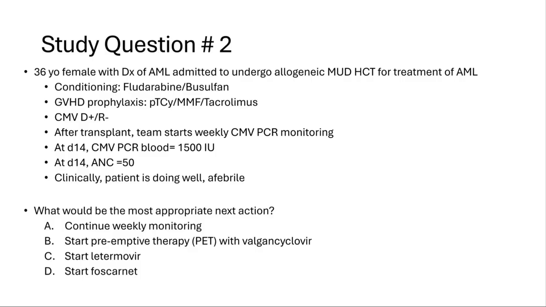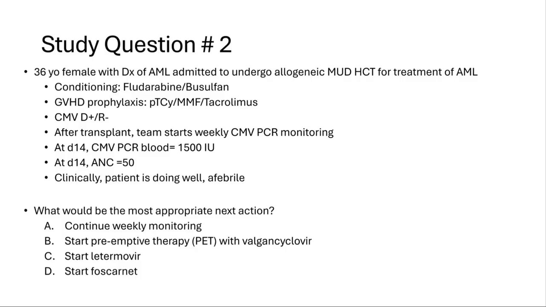And you learn that at day 14, CMV PCR in the blood is 1,500 international units. The BMT team is also telling you that she just started to recover counts, and her ANC is 50, so she's still profoundly neutropenic. However, she's clinically doing really well.